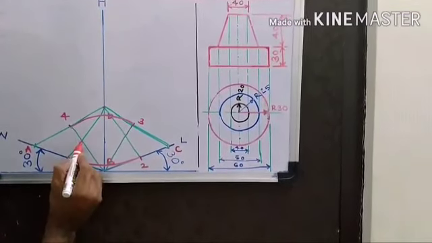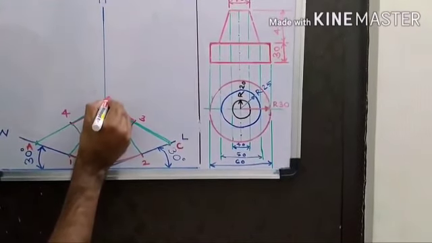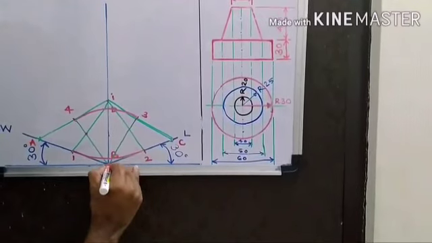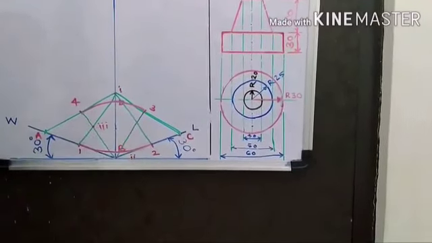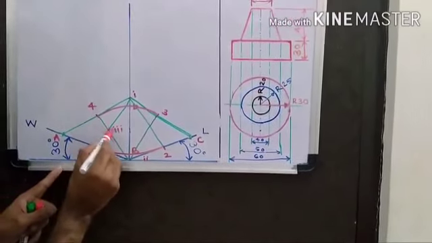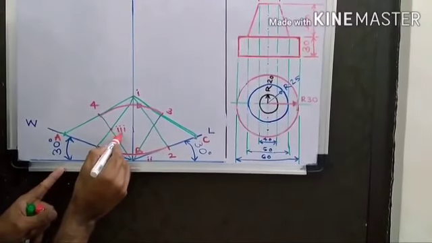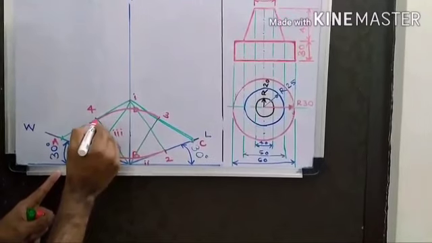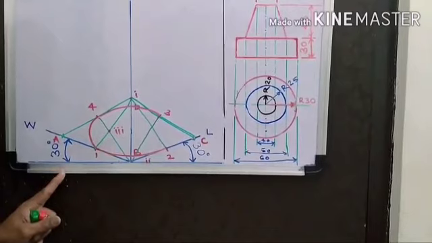Now this is another center. This is the first center, this is the second center, this is the third center. 3 is going to be the radius, with the center here. Draw an arc by using a compass between the points 4 and 1.